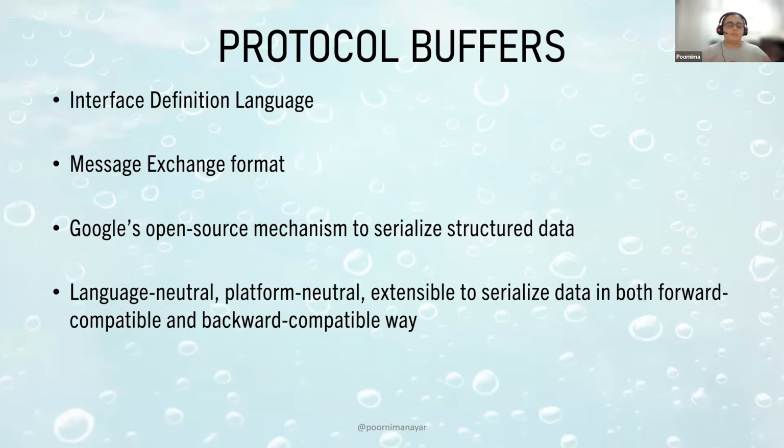If you have been dealing with Google Home devices, you'll come across protocol buffers, but there is no reason why you cannot use protocol buffers in your normal web APIs as well, because it's a way to serialize your data. So you can bring protocol buffers as a serialization and deserialization format into your web APIs as well.